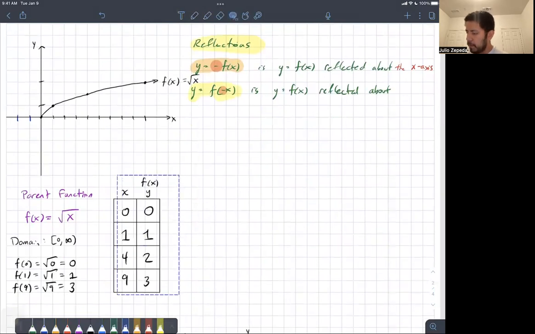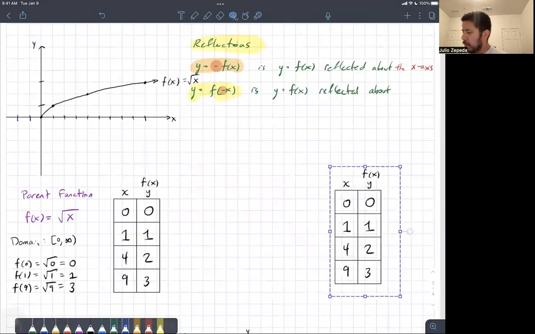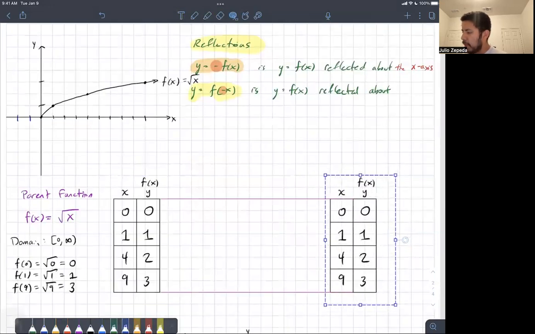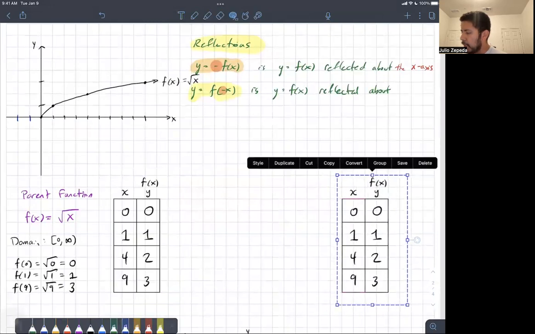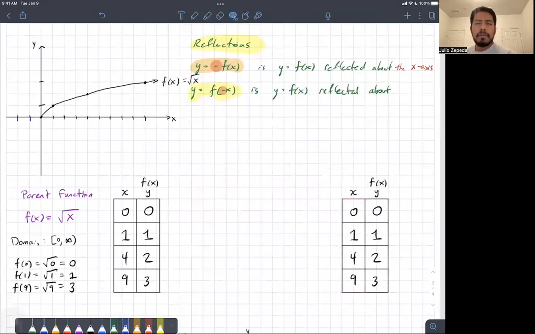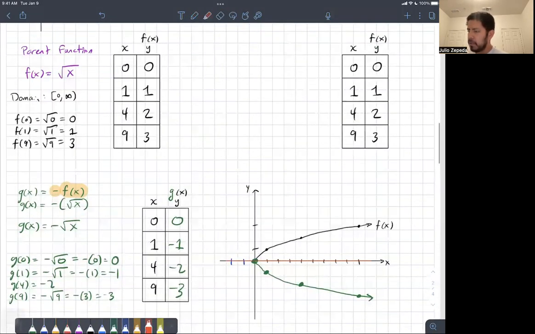We're actually going to notice that whenever something is applied to the inside of the function, it seems like it's going to have an effect on the x values, whereas on the outside, the one we just showed, it had an effect on the y values, right? Notice the y values changed and the x values we left the same.